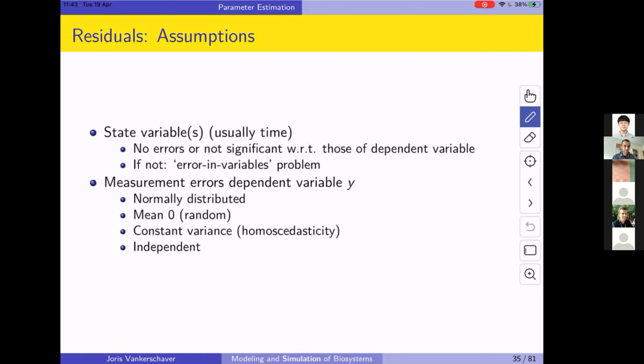Many of the same considerations that we made for linear regression are also going to apply when we look at the residuals of more general models. In particular, we'll assume that if we have an outcome Y, the measurement errors, the noise on that outcome, is normally distributed with mean 0 and constant variance, so homoscedasticity, and that the data points were acquired independently.